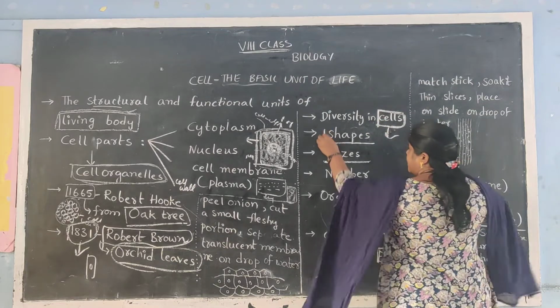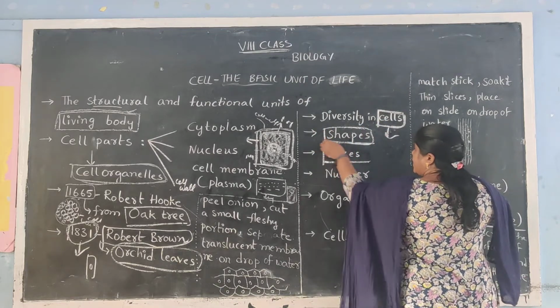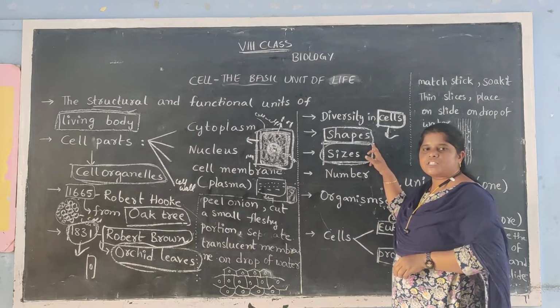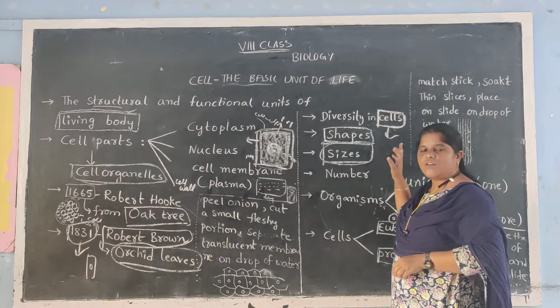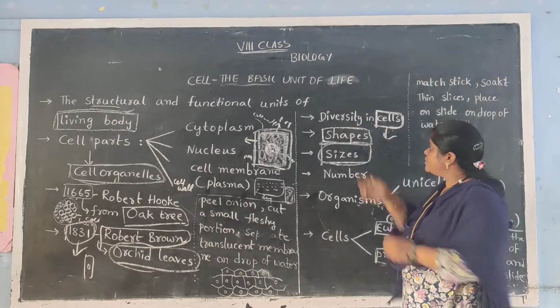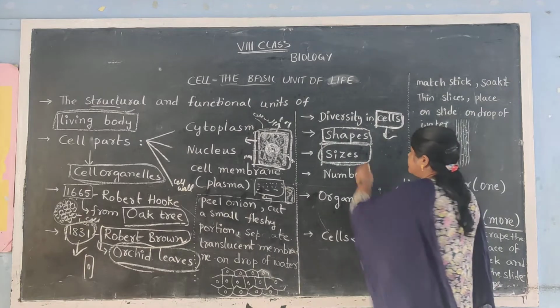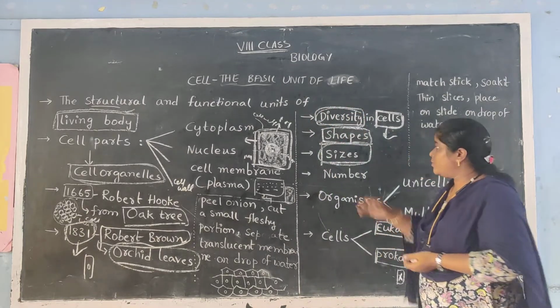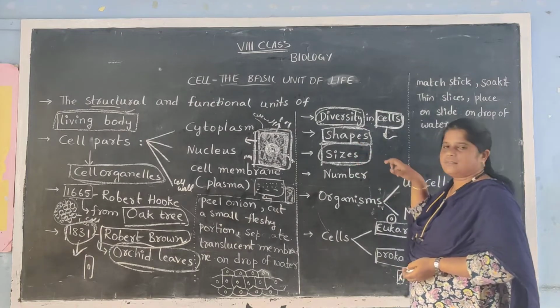That means there are different shapes of cells and there are different sizes of cells. So, if you clearly observe here, I have mentioned it as diversity in cells. Diversity is nothing but different types of cells. So, cells will be of different shapes and sizes.